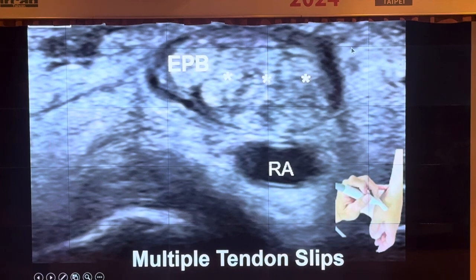And the tendon that has multiple slips is usually the abductor pollicis longus, because the size of the abductor pollicis longus is bigger than the extensor pollicis brevis. You can imagine, in such a small area, if there are multiple tendons inside, it's going to increase the intracompartmental pressure and increase the risk of tenosynovitis.